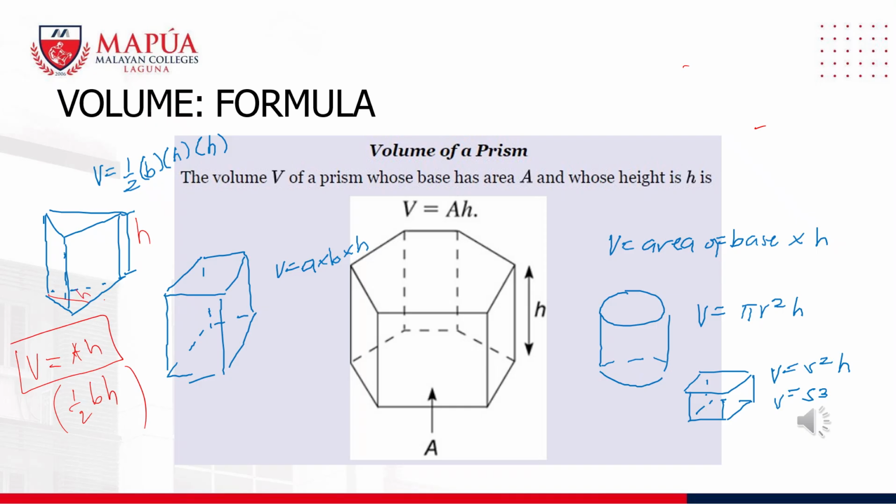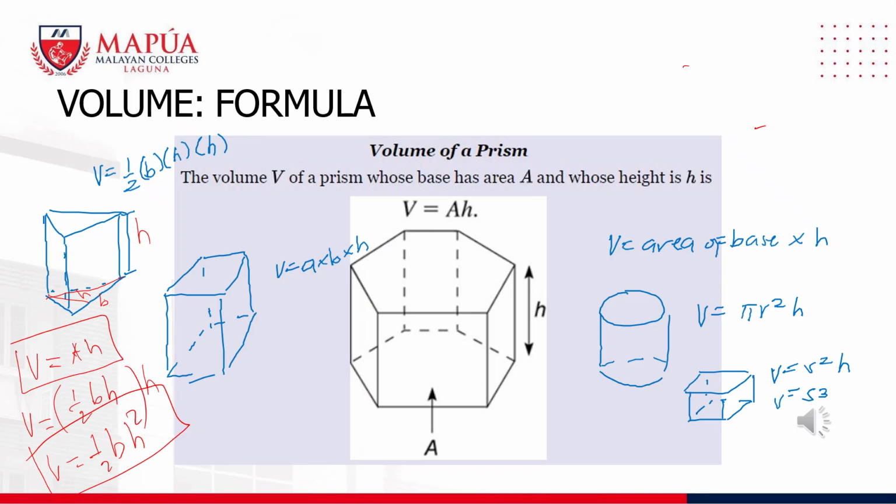If this is the base b, for example, the area of this triangle is 1/2 bh. Then we have another height here, h, so this is now the volume. So volume is 1/2 base times height squared, assuming that this height is equal to this height.